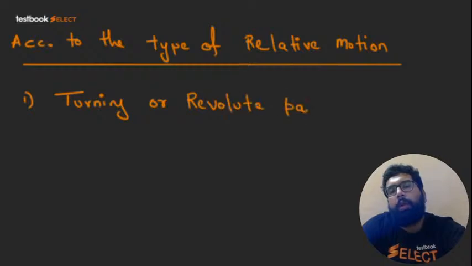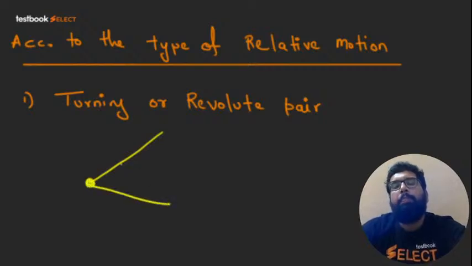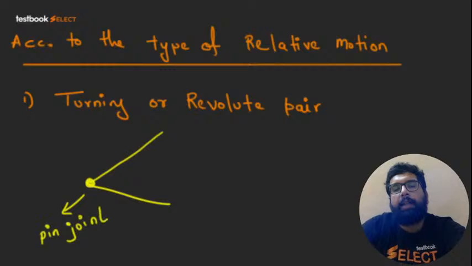Turning or revolute pair. If there are two links connected by means of a pin like this, so that one link can only turn, revolve, rotate or oscillate with respect to the other one, getting my point, beta? If two links are connected using this pin joint, they form a turning pair, right?